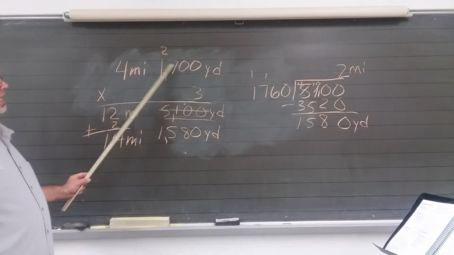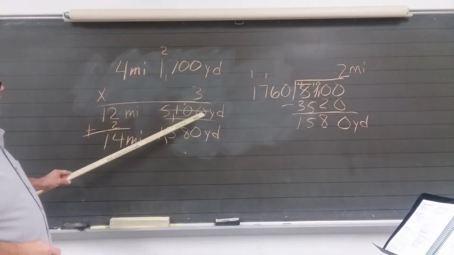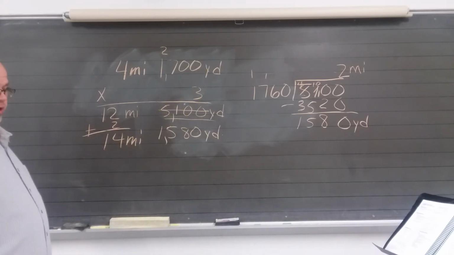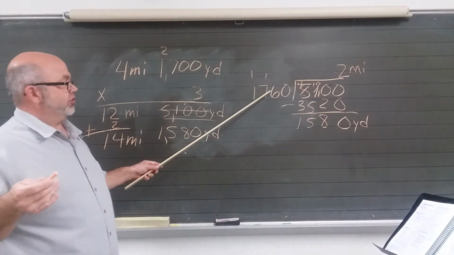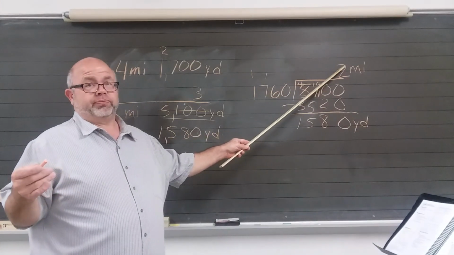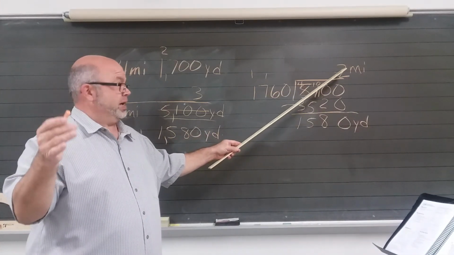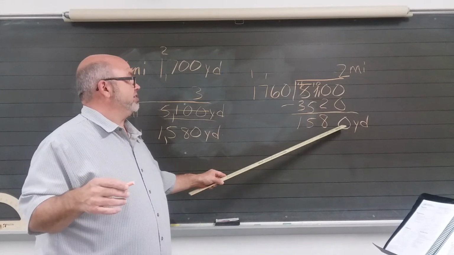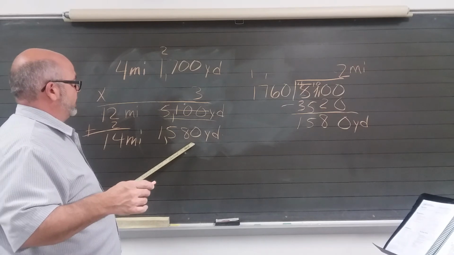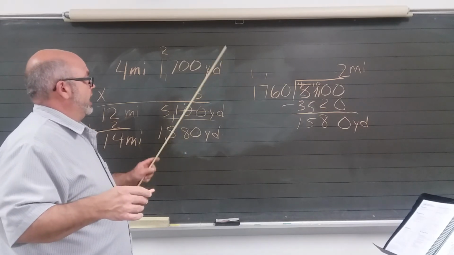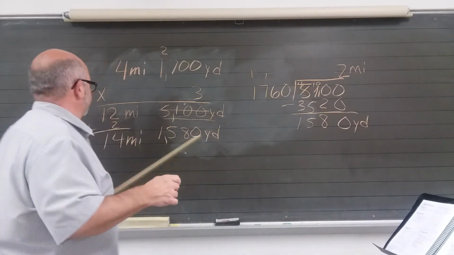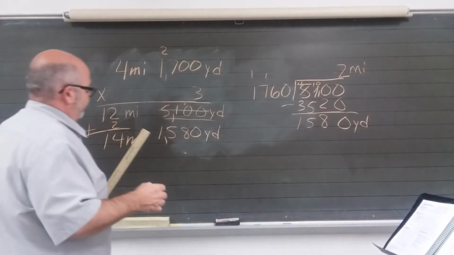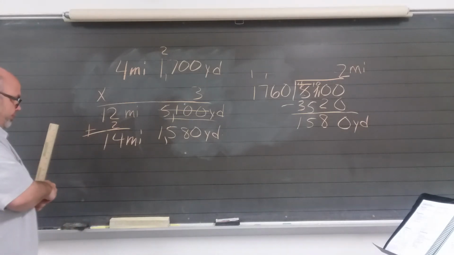So you multiply each one separately by 3, divide yards by how many yards are in a mile, 1,760. The quotient is miles, the big unit. Your remainder is the small one, how many yards there are. You add the 2 miles to the miles that you have, giving you 14 miles, 1,580 yards. All right?